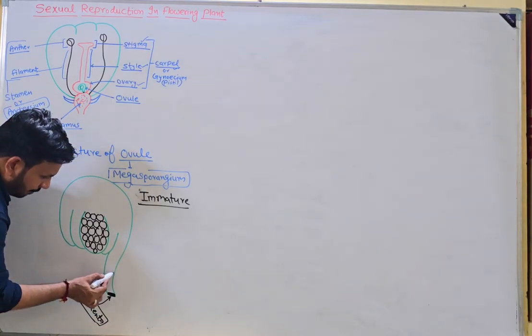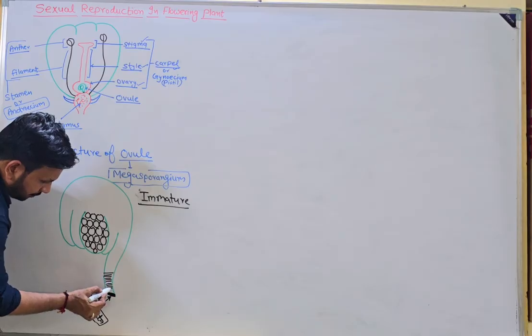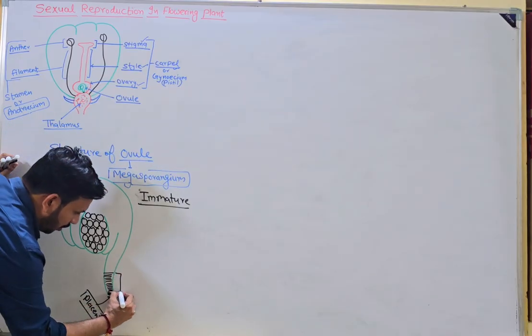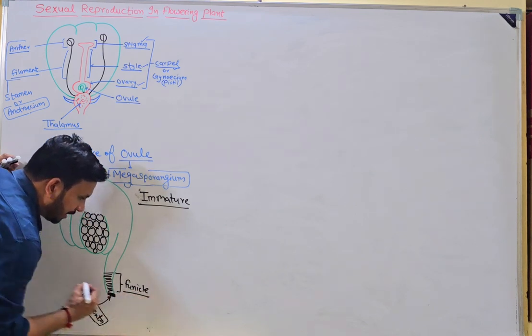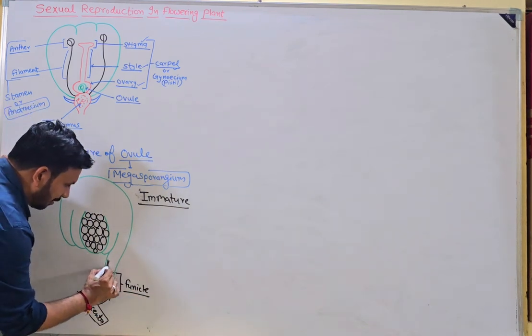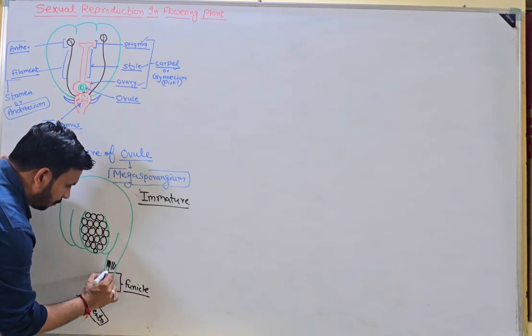Next to the placenta, this part is called funicle.